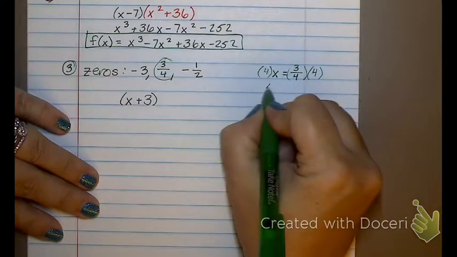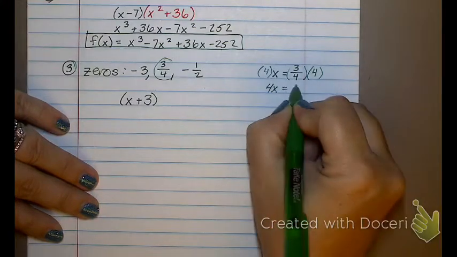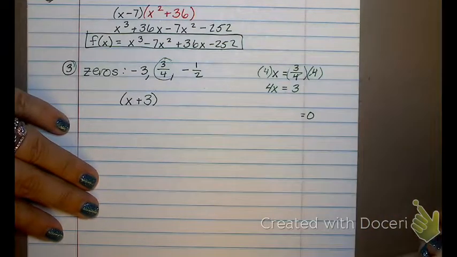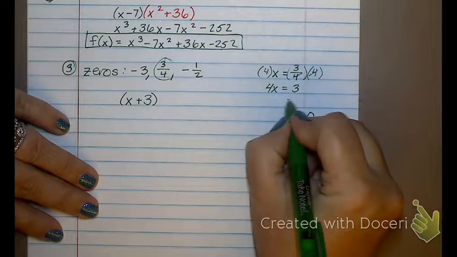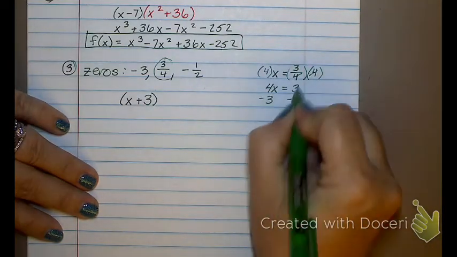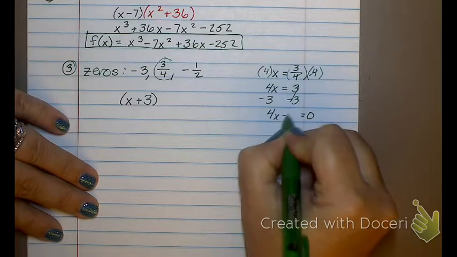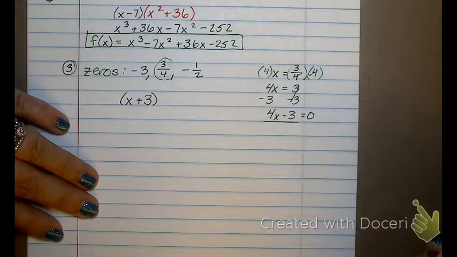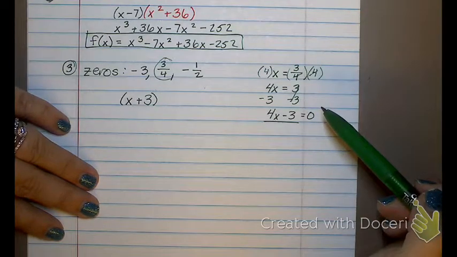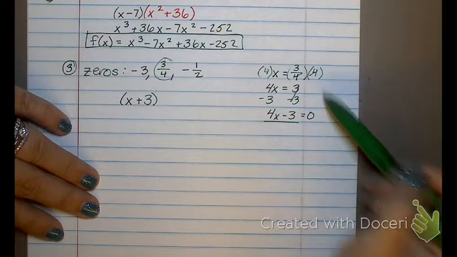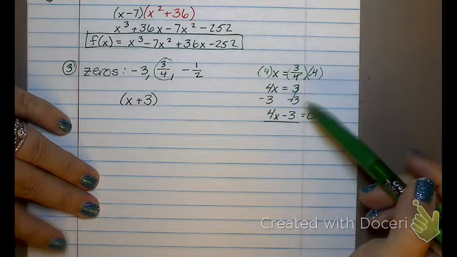That's going to give me 4x equals 3, right? And then if I need to get it to equal 0, what do I need to do? Subtract 3. So 4x minus 3 is what the parentheses looked like that gave me an answer of 3/4. Do you follow that? Do I need to do that every time? No, because there's a shortcut.